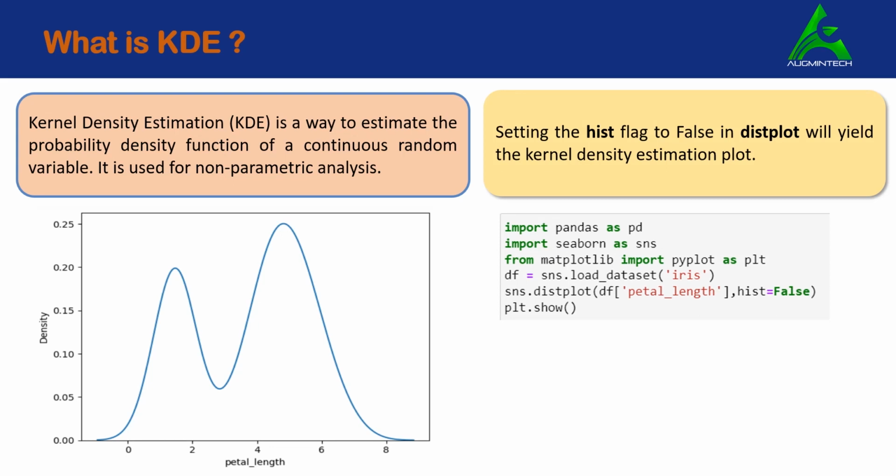This curve represents the kernel density estimation. And if you do not specify anything, either kde equals false or hist equals false, it should be plotting both the histogram as well as the kernel density estimation curve.